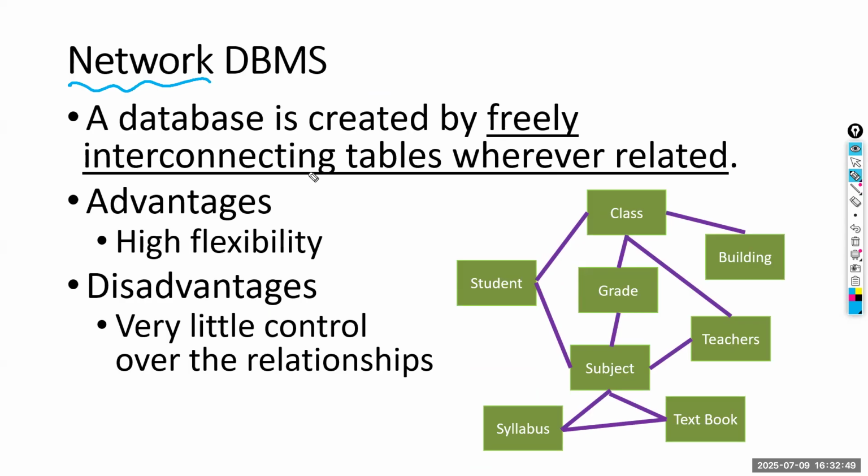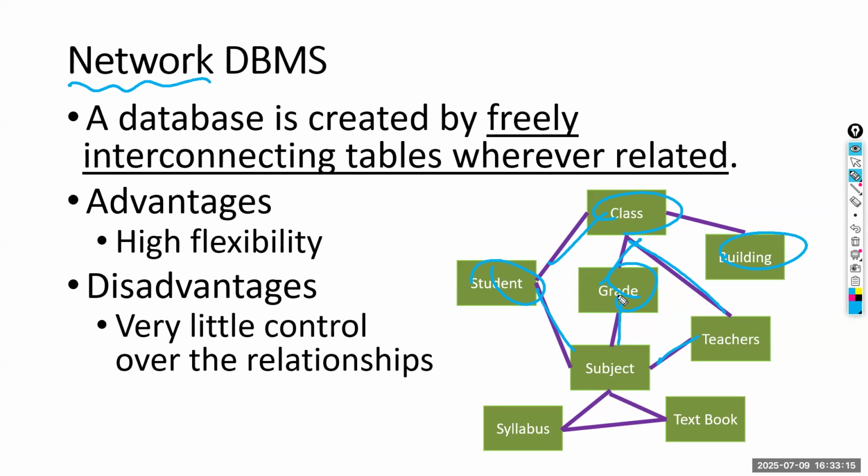No. This is not computer network databases. This is network databases. Network means freely interconnecting. When we freely interconnect, we call it a network. Like your friends. You may be connected to many friends, but it doesn't restrict me from having a friendship with your friends.